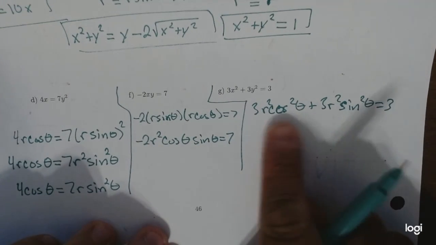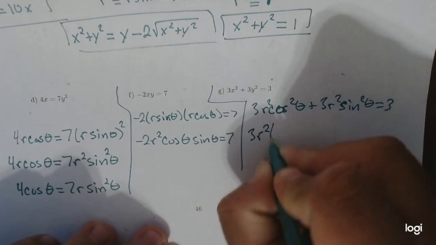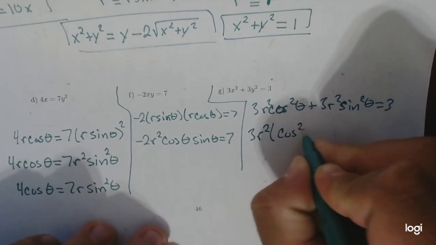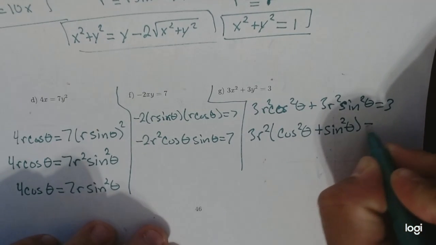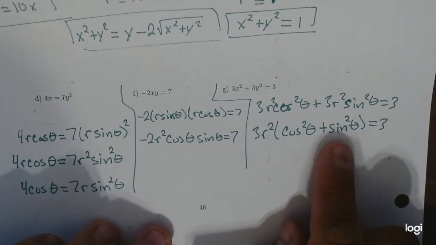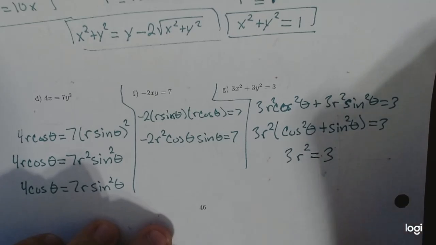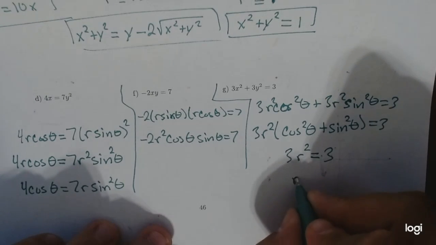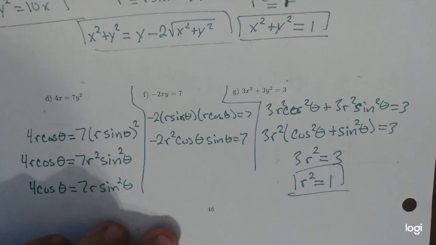If I factor out on this side a 3r squared, I get that. And then we know again, cosine squared plus sine squared equals 1. So this simplifies strictly down to that. And if I go even further, I get that. And there's a line. Pretty interesting stuff, huh?